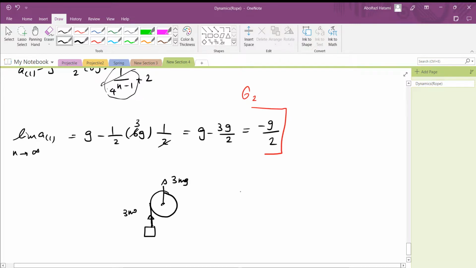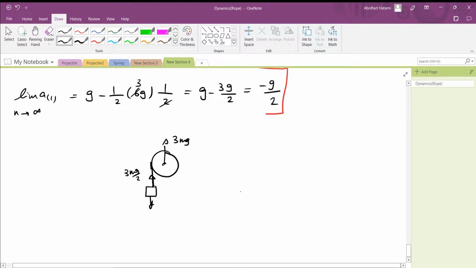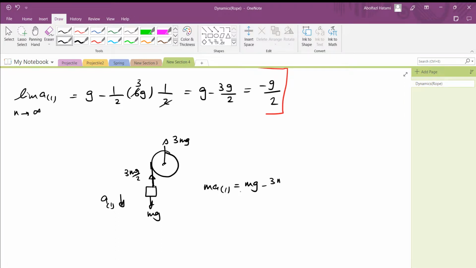It is 3mg divided by 2, and I won't repeat the reason because we explained that above. And here we have m times g, and the acceleration a1. So m a1 is equal to m g minus 3mg divided by 2, which gives a1 equals minus g over 2, compatible with this result.